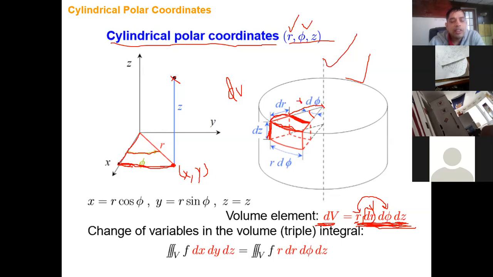If you square x and y, x square plus y square equals r square, by the Pythagorean theorem. Always.